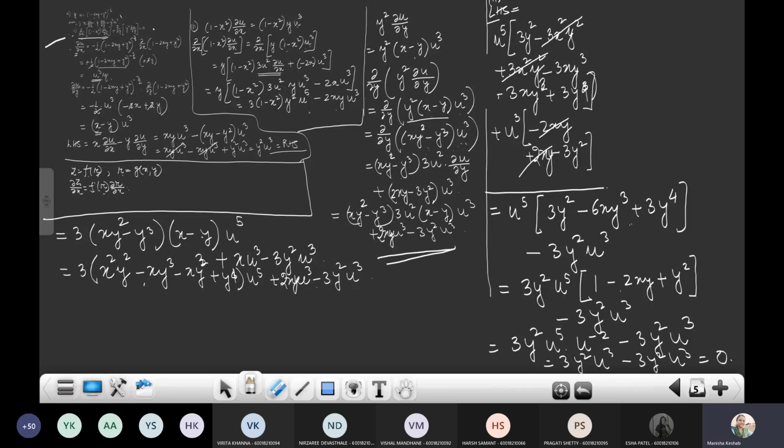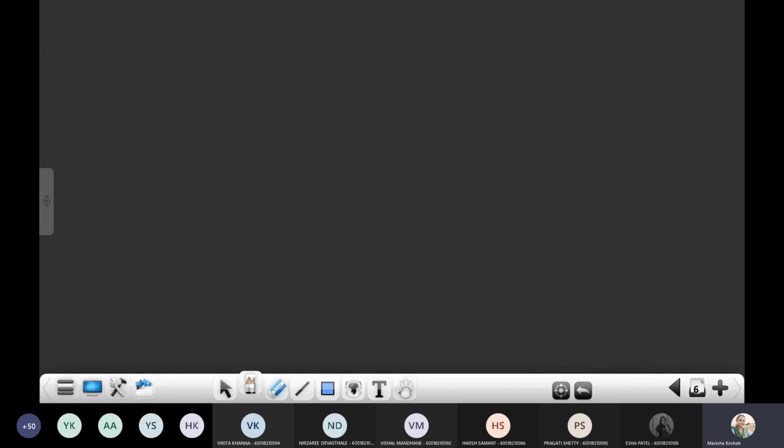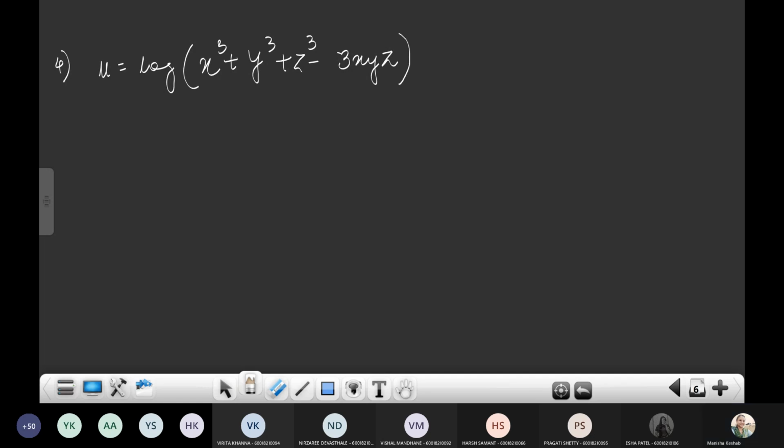Okay, now next we want to find, u is given to be log of (x cube plus y cube plus z cube minus 3xy).